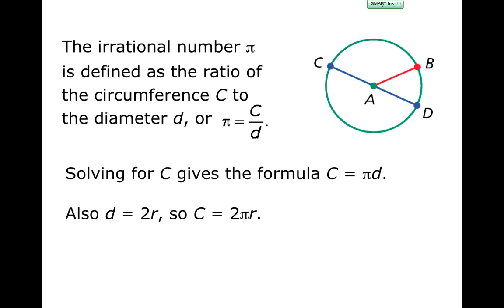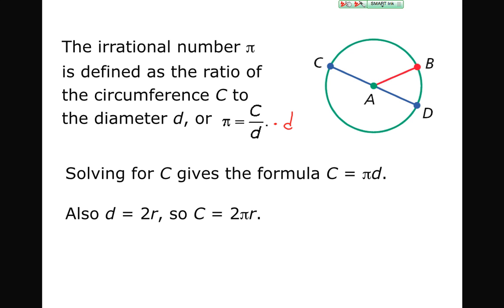If we take this definition of pi and just multiply each side by d, that would get rid of the fraction, and we come up with one of the formulas for circumference. Circumference is diameter times pi. That's one formula you'll find in the circumference part. Diameter, a little while ago you said, is twice the radius.